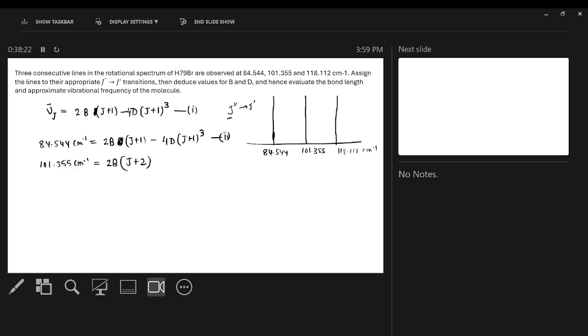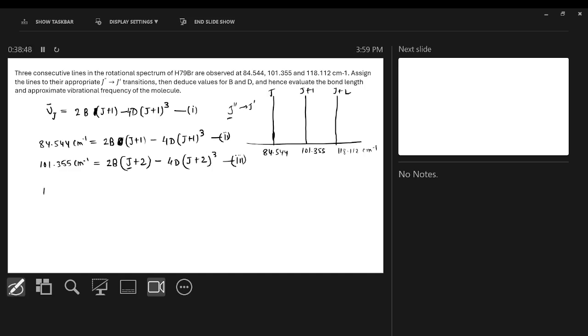Because these lines are consecutive lines, let's say this is J, this will be J plus 1 and this will be J plus 2. So you can write here minus 4D (J plus 2) cube. This is equation 3.